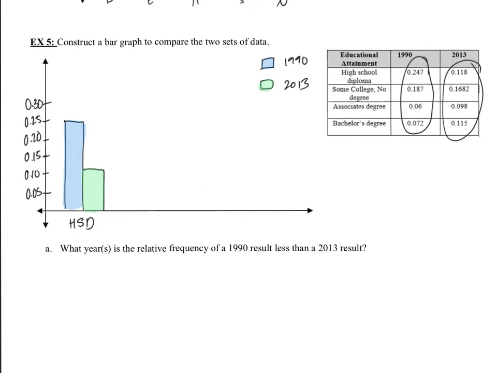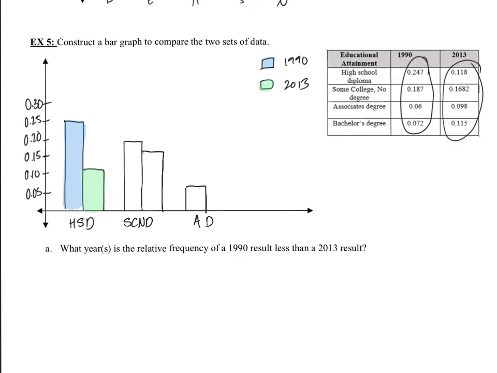The next one is some college, no degree. In 1990, it was almost 20, so let's make it look like it's almost at 20. Once again, these are all just estimates. And then the other one was a little past 15. I'll go ahead and continue graphing things. If you want to pause the video and try to graph them by yourself and check back in with me, that might be a good idea. Next is associate's degree. 0.06, a little higher than 0.05.